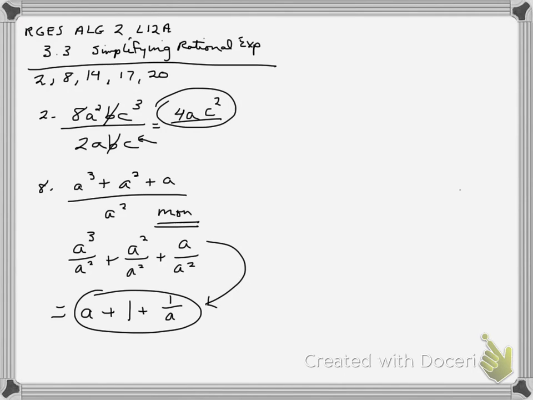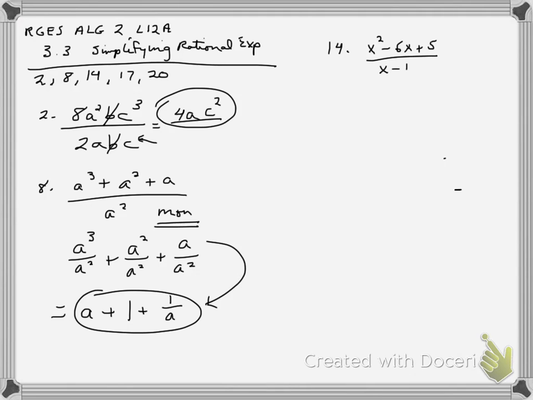Now, what happens if I have, for instance, in 14, x squared minus 6x plus 5 all over x minus 1.